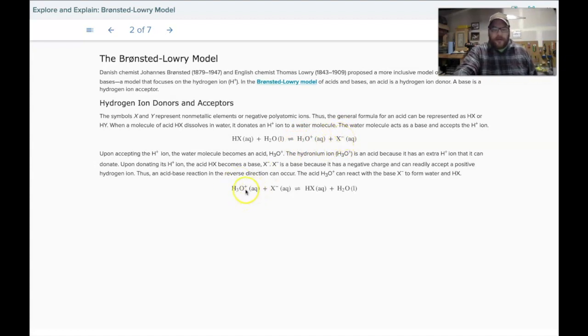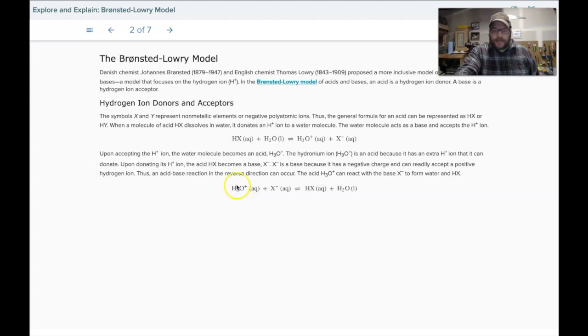Okay, if we have a situation where we have a base, so now we have the hydronium ion with that mystery ion over here. This is an anion. This could possibly give up its extra hydrogen ion and give it back to agent X over here.